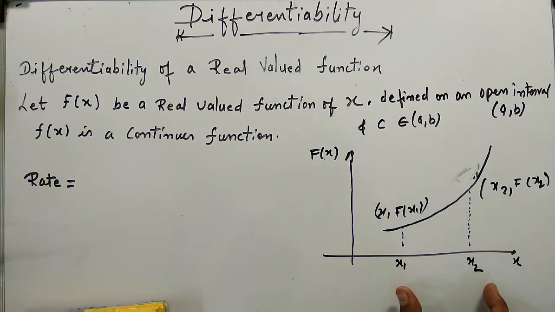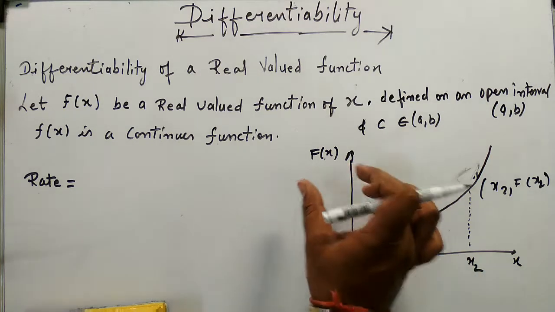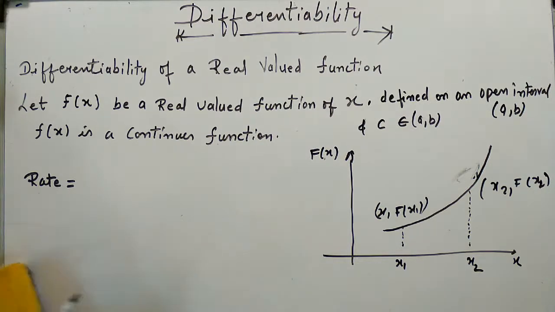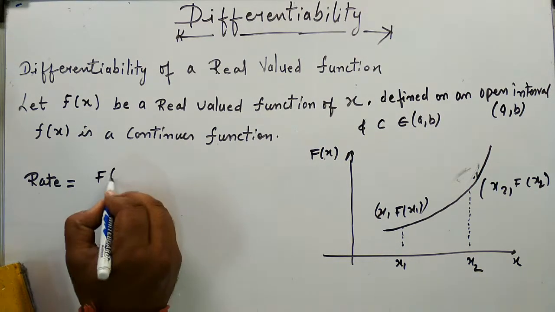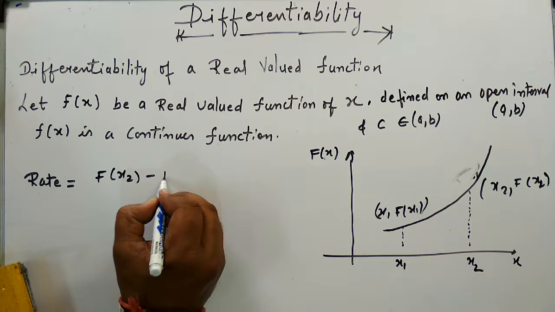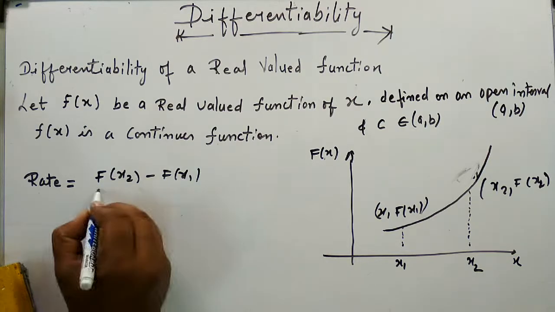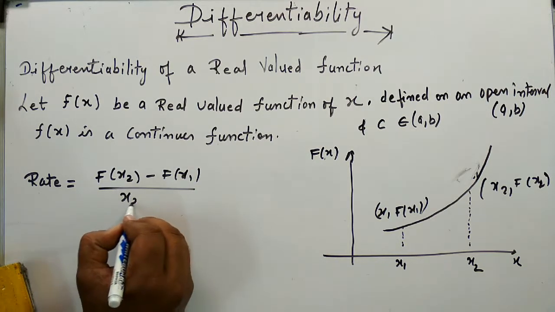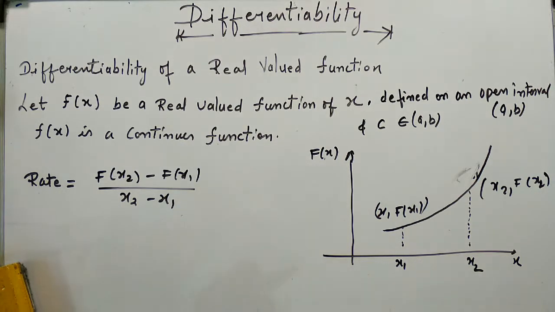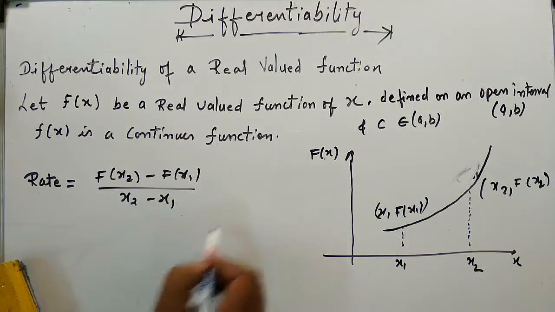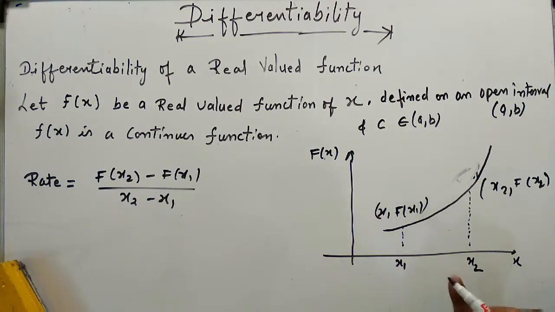Now we want to find the rate between x1 and x2, how f(x) is changing. So the rate would be equal to f(x2) minus f(x1) upon x2 minus x1. By calculating this value, we can get the information how f(x) is changing with x in between x1 and x2.